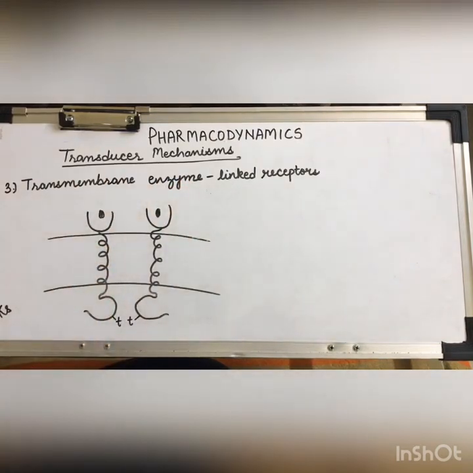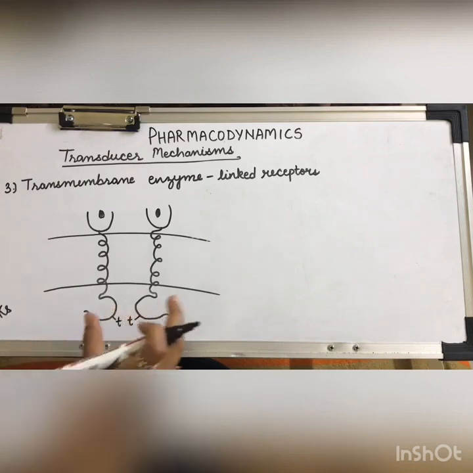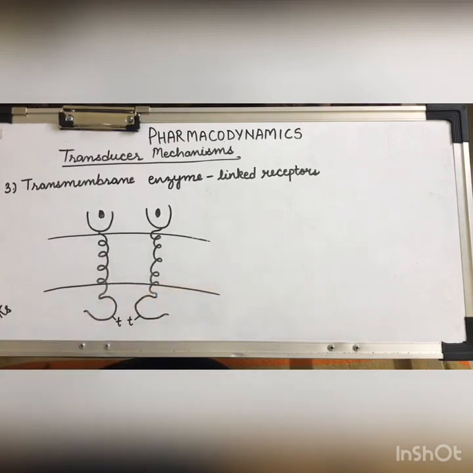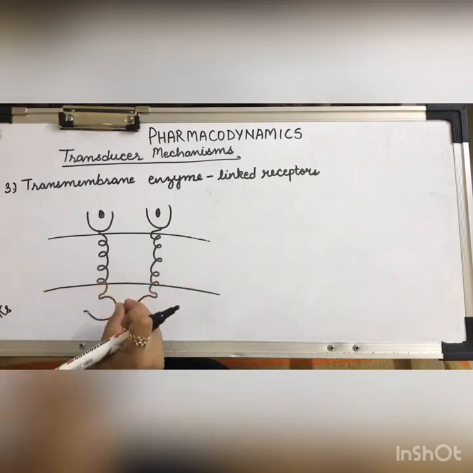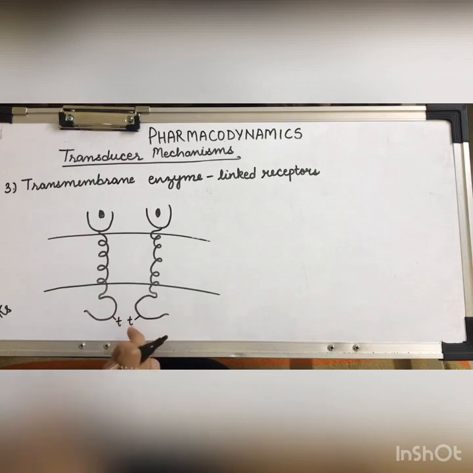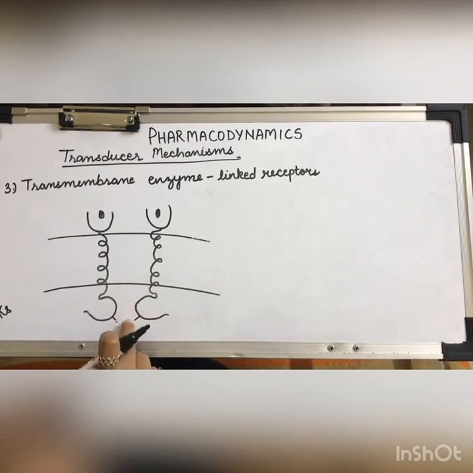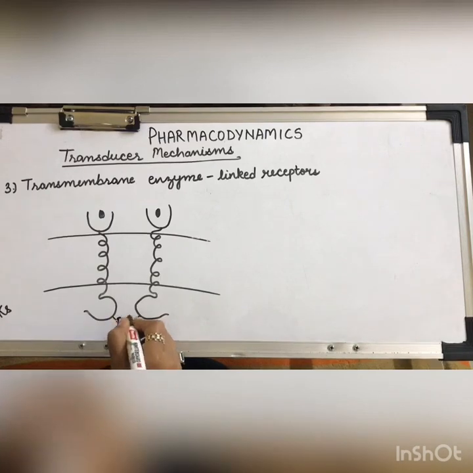Hormone binding induces dimerization of the receptor molecules. They will form a dimer, and there will be conformational changes which will activate the protein kinase in this cytosolic site, and there will be phosphorylation of these tyrosine residues.